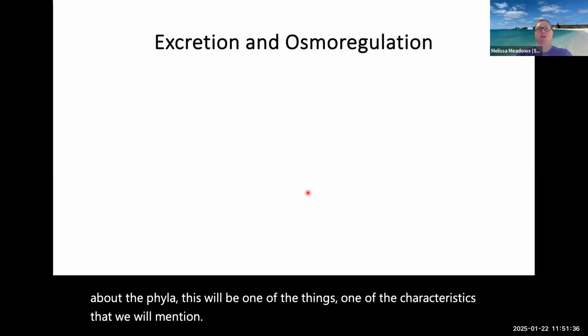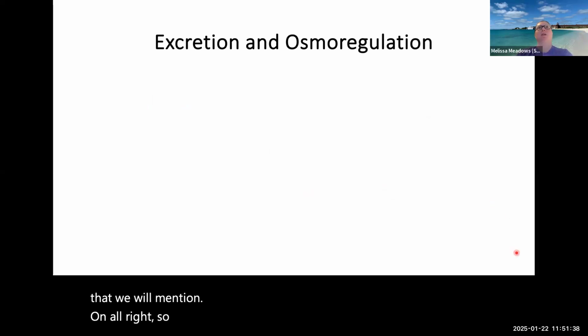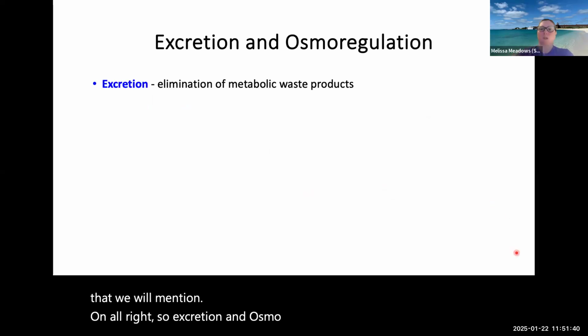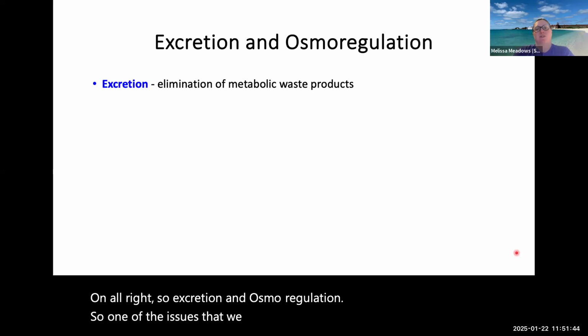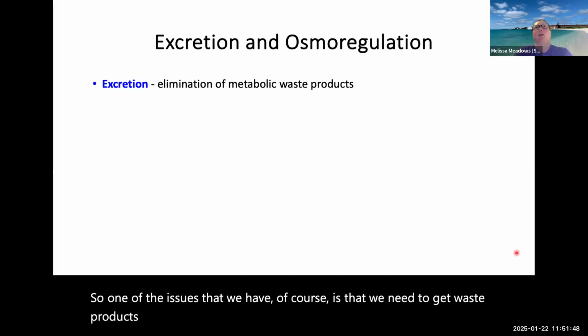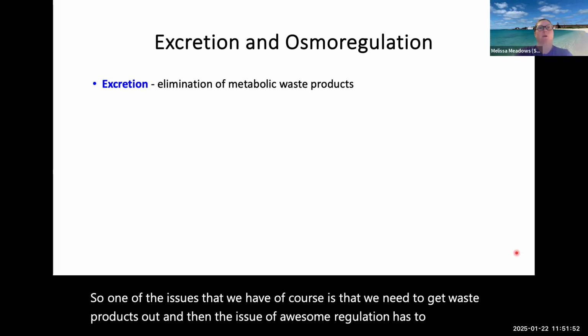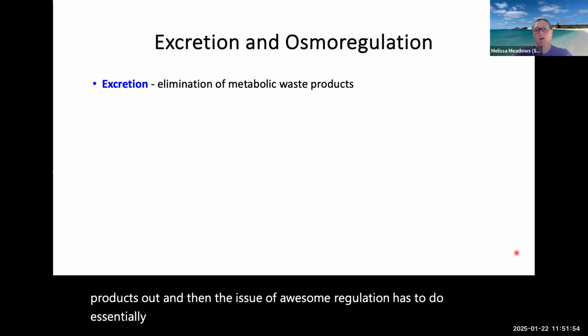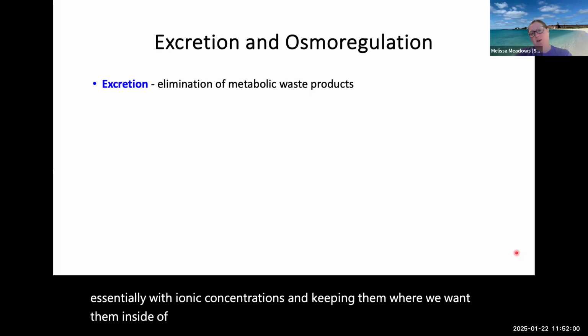All right, so excretion and osmoregulation. One of the issues we have is that we need to get waste products out. Osmoregulation has to do with ionic concentrations and keeping them where we want them inside our cells versus outside.